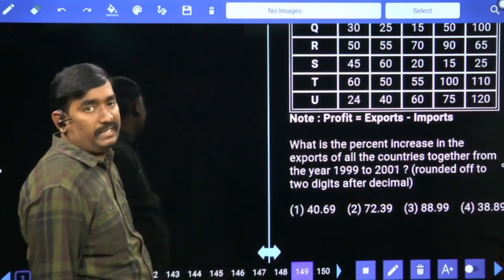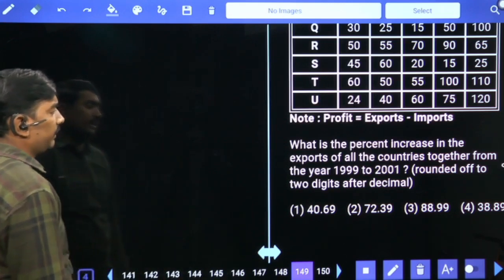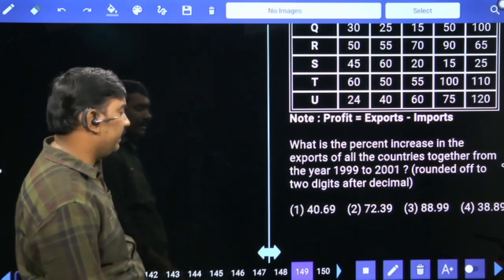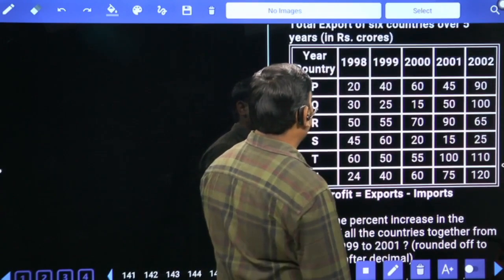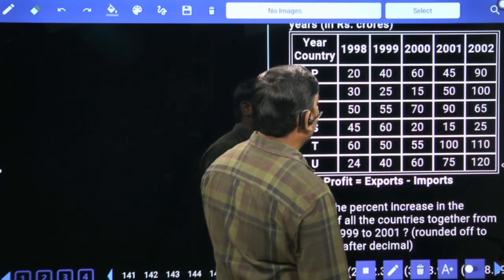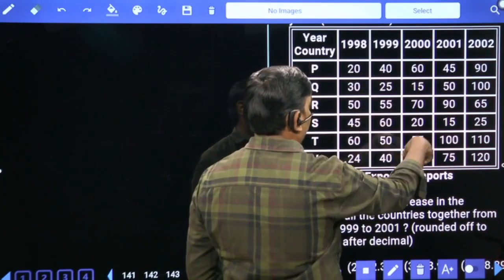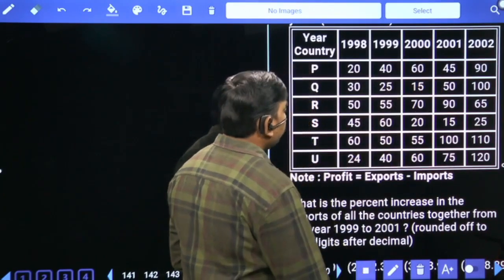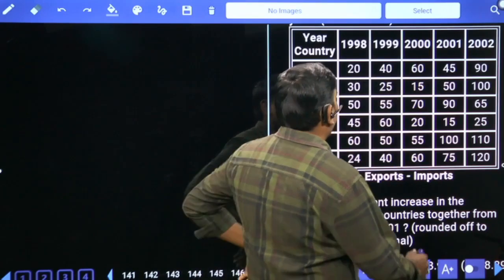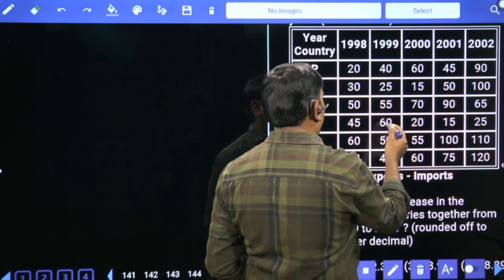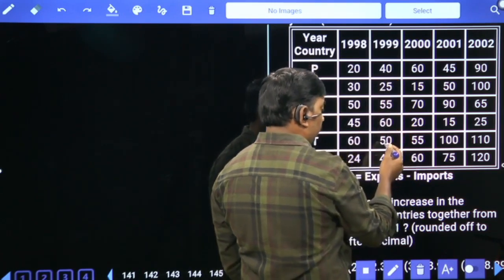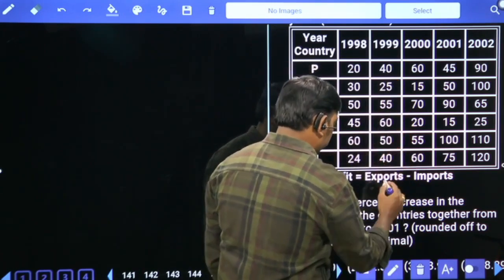What is the percentage increase in the exports of all the countries together from the year 1999 to 2001? 1999 all countries, 2001 all countries. 25, 55, 80, 80, 40, 120, 120, 60, 180, 230, 270.